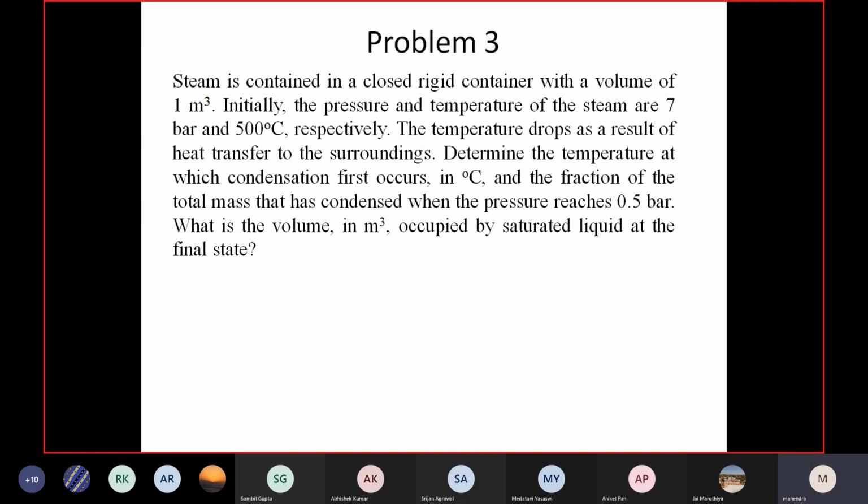So please solve this problem. Solving the problem would take a little long time.